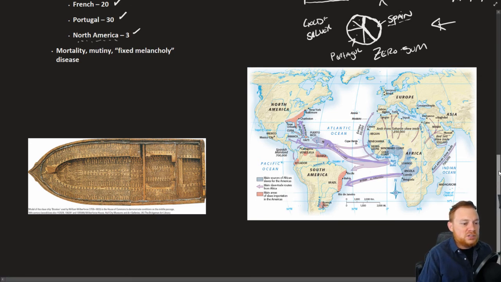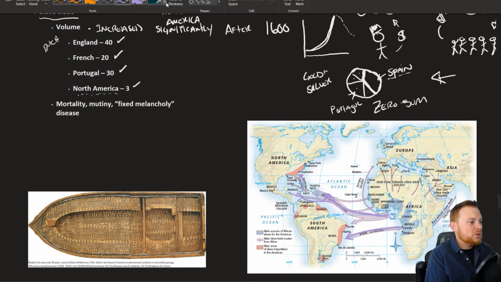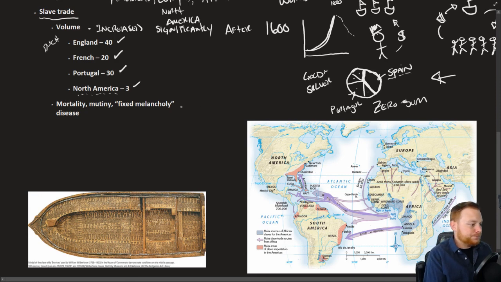The slave trade itself was absolutely brutal. The Middle Passage was abysmal. One way in which one can characterize the slave trade is mortality. About 25% of slaves died on the Middle Passage. That was just the voyage that was taken.